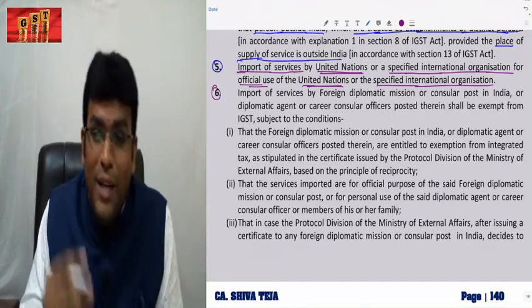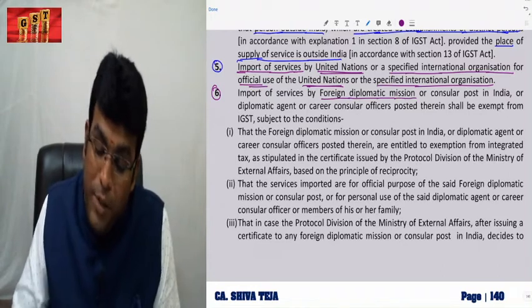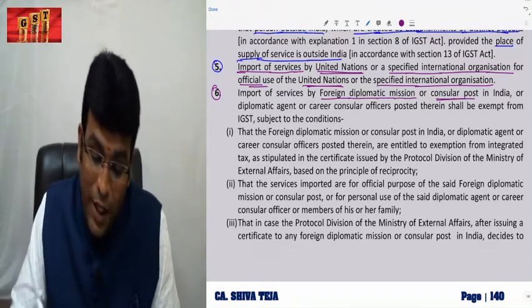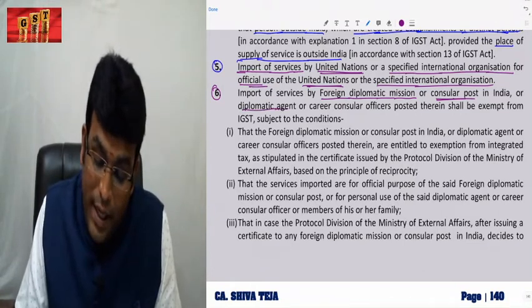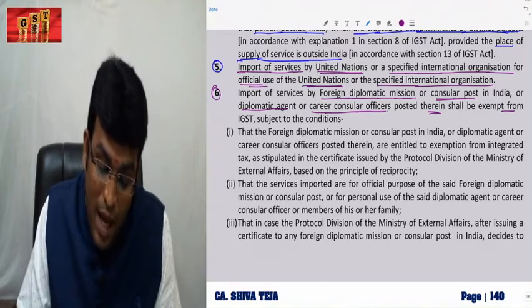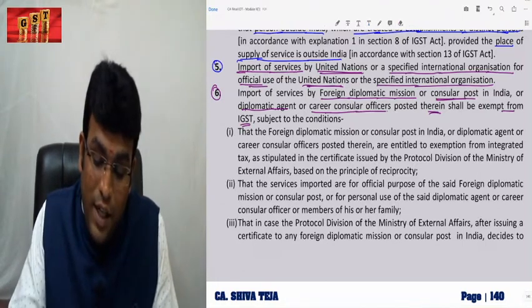Then, similarly, same language: import of service by a foreign diplomatic mission or a consular post in India, for example an embassy, or a diplomatic agent or career consular officers posted therein shall be exempt from IGST, subject to the condition that, what is the condition?